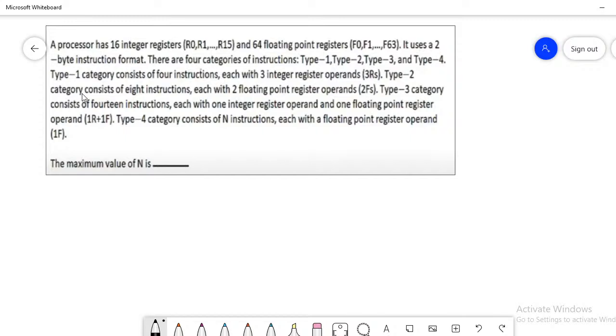Type 2 has 8 instructions and 2 floating point register operands. Type 3 has 14 instructions, each with one integer register operand and one floating point register operand, and the fourth type of instruction. They have not told how many instructions there are. N number of instructions they have told, each with one floating point register operand.